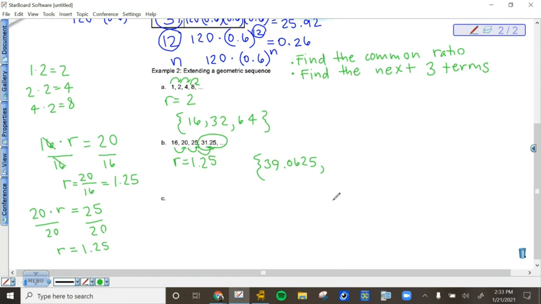Just give it to me to 2 decimal places. 39.0625 times 1.25. Okay, one more. What do we get?